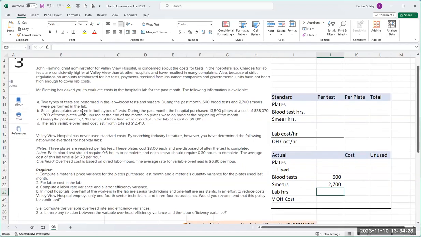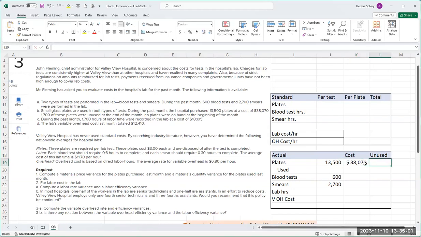B, small glass plates are used in both types of tests. During the past month, the hospital purchased 13,500 plates, so I'm going to put that right here, at a cost of $38,070.